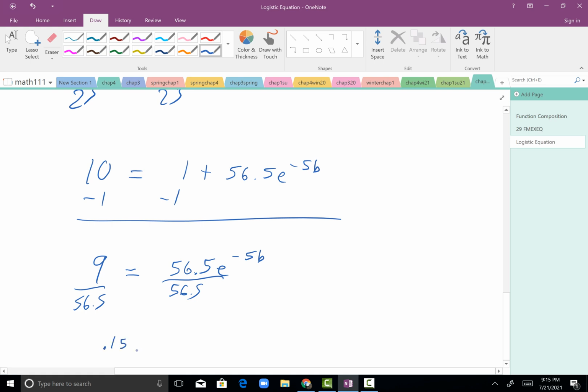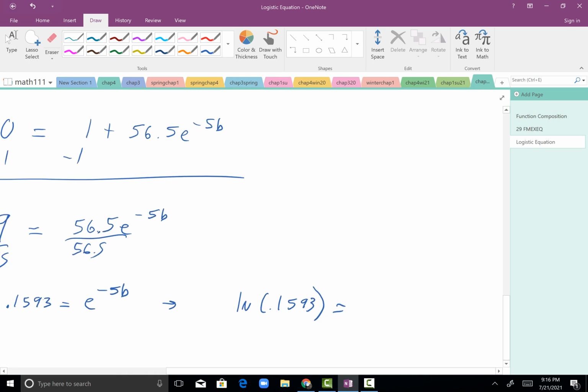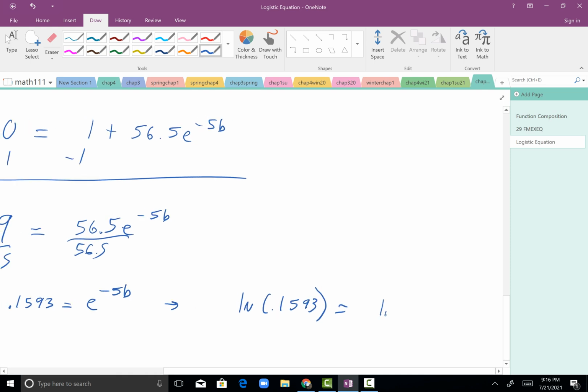The more I carry this out, the more accurate it's going to be. Now I'm ready. I'm just going to take the log of both sides. So this is going to pop out in front.